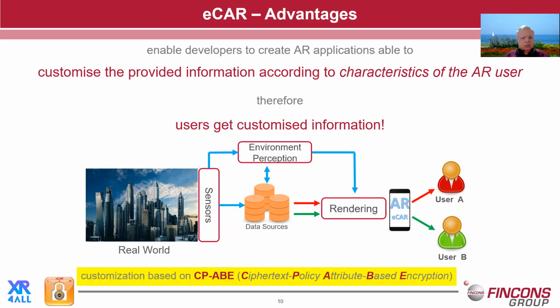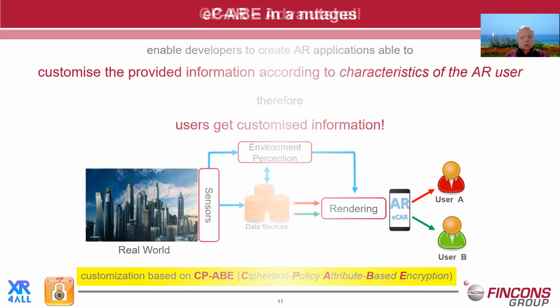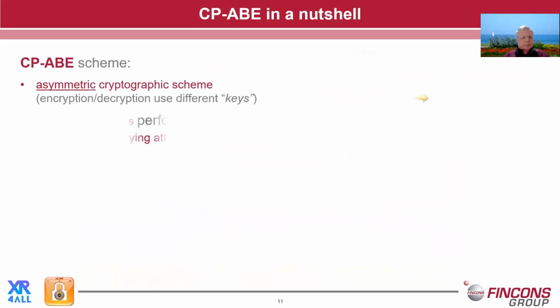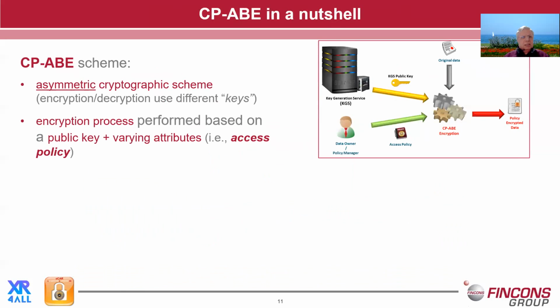The customization is based on a new cryptographic approach called CPABE, Ciphertext Policy Attribute Based Encryption. What is this new encryption technique? CPABE is an asymmetric cryptographic scheme, so each user has their own key, and the decryption can be performed using many different keys.